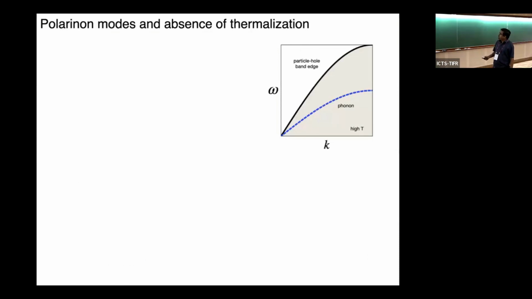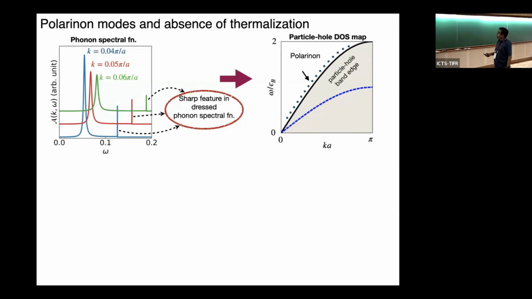What happened? So we were wondering what happened, and then we tried to look at the phonon spectral functions. And lo and behold, this is the phonon spectral functions for different values of K. What you see is the initial dispersing thing, which has been broadened by the thermal factor. But then you see this very sharp feature in the dressed phonon spectral function, which is farther away from the original phonon peak.